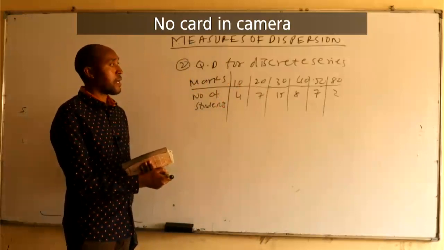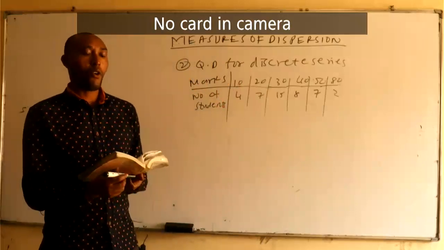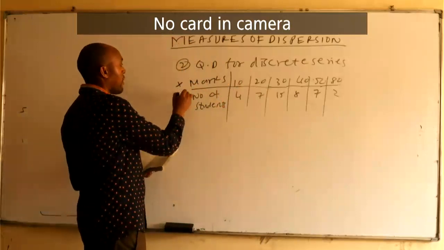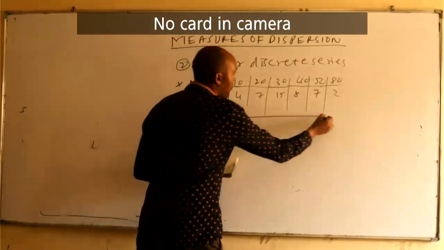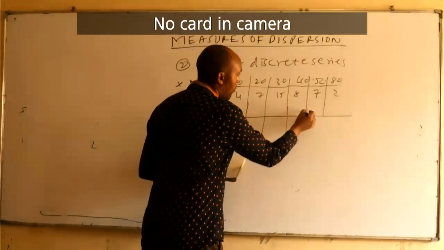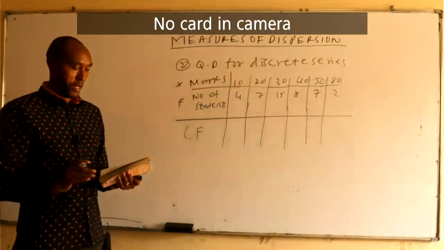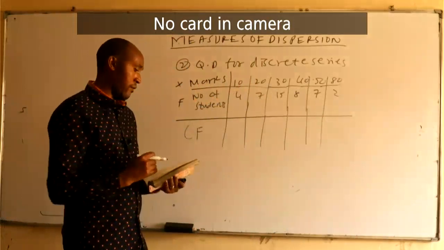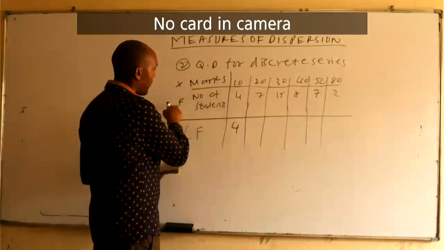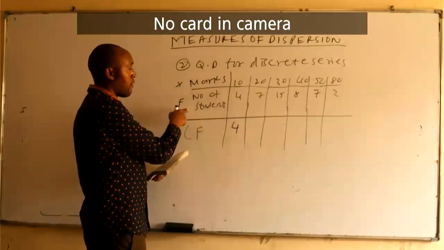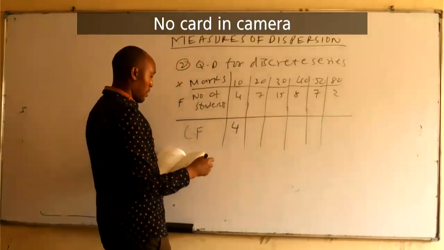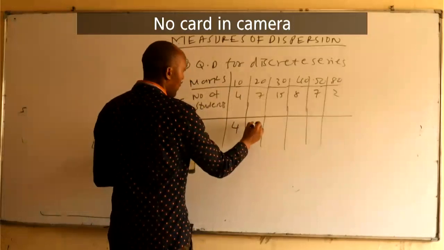From here, when you get a discrete series, you have to look for cumulative frequency. This is our x, this is our f. You compute cumulative frequency from the information you have been given. How do I get cumulative frequency? I take the first figure of the frequency; the number of students means frequency here. Then I add this plus this, which gives me 11.